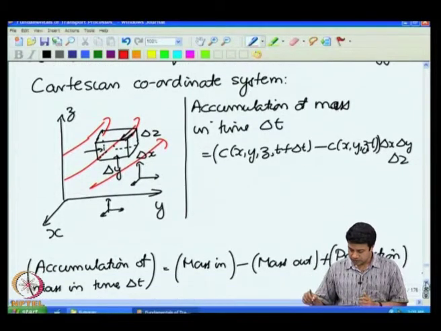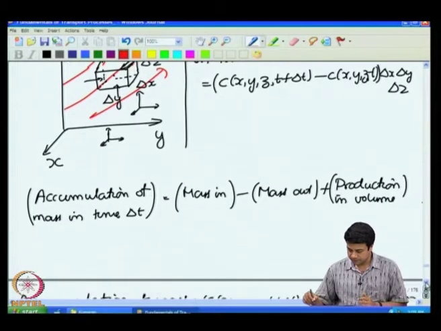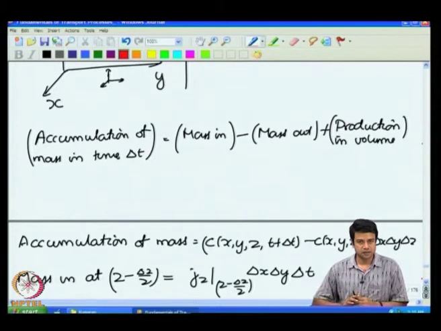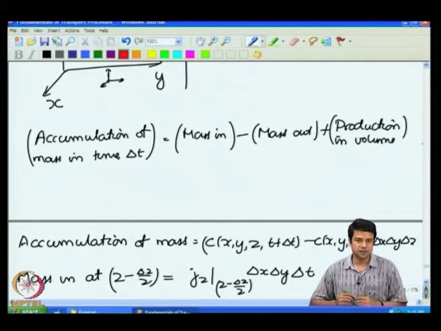So, this accumulation of mass within this differential volume in a time delta t, we wrote in terms of the concentration. Note that the center of this differential volume is at the location x, y and z. Therefore, the accumulation of mass is equal to the concentration at x, y, z at time t plus delta t minus the concentration at x, y, z, t, multiplied by delta x, delta y, delta z.